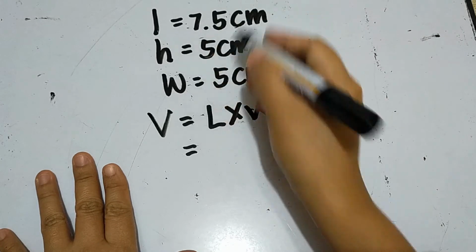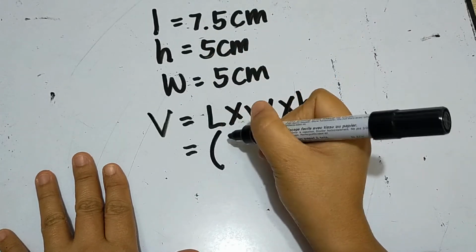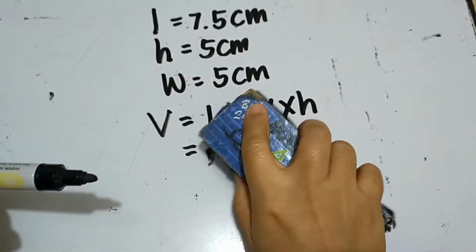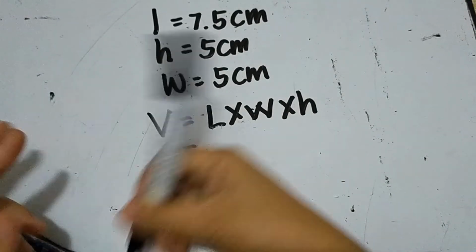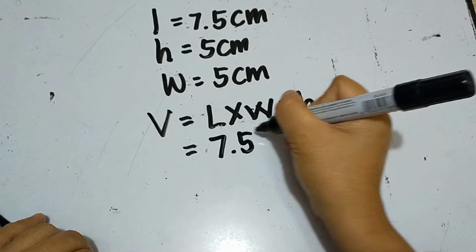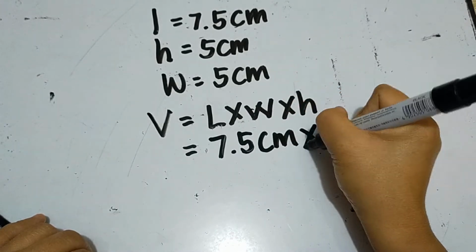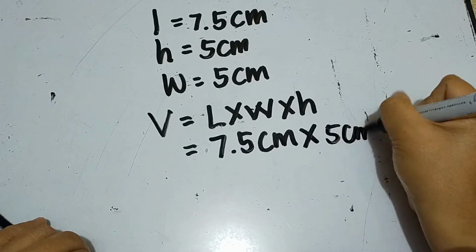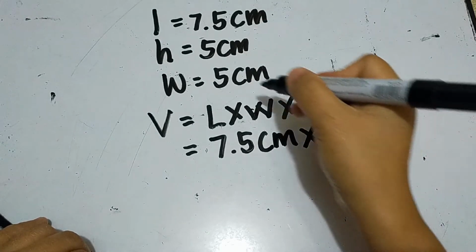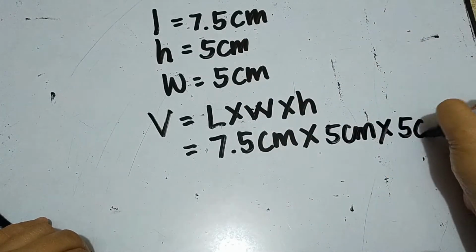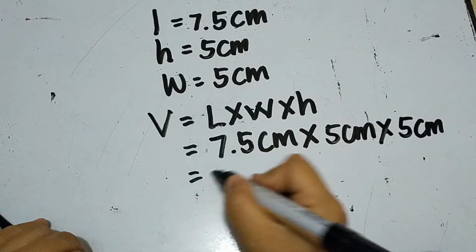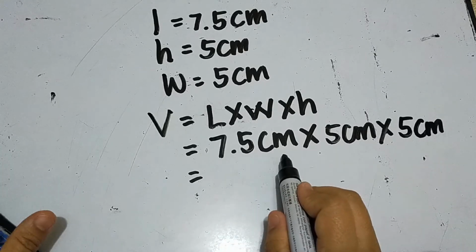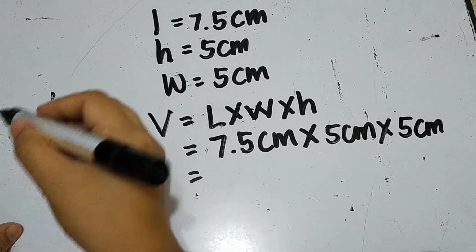Ano yung value ng length natin? 7.5 centimeters times ano yung width natin? 5 centimeters. And then yung height natin, 5 centimeters rin. Okay, so una nating i-multiply itong dalawa. 7.5 centimeters times 5 centimeters.